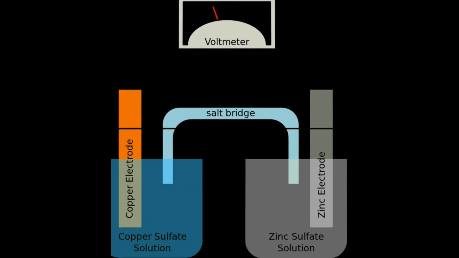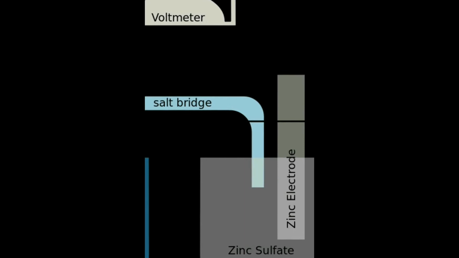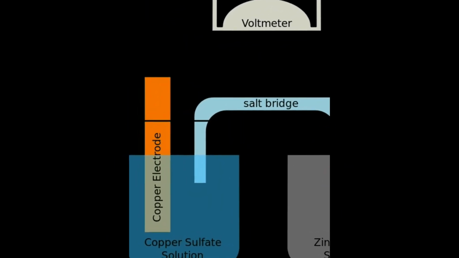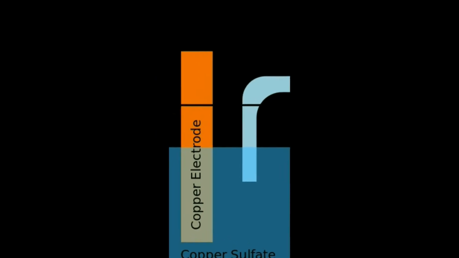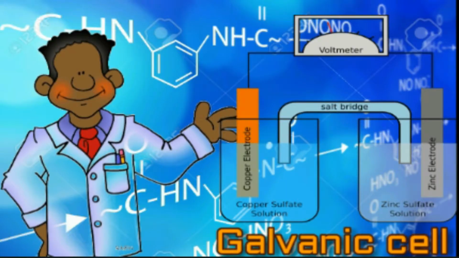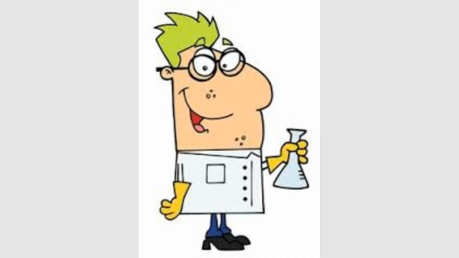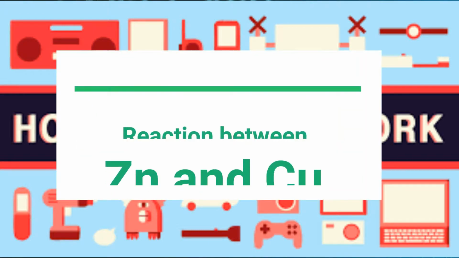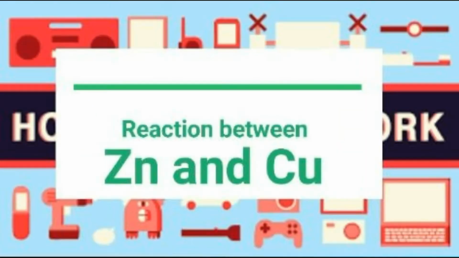There is a zinc rod and a copper rod, dipped into zinc sulfate and copper sulfate solution respectively. But before we go into the details of how batteries work, we first need to understand how zinc and copper will react with one another, because both of them are metals.